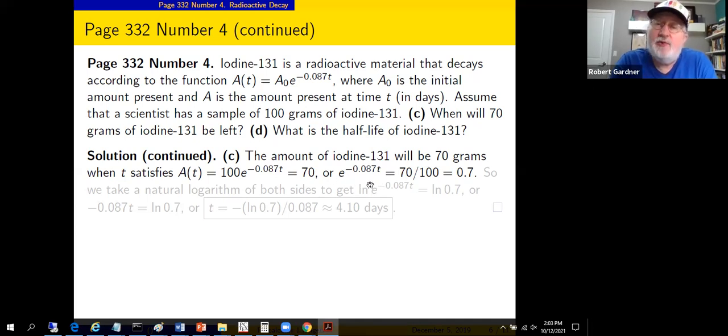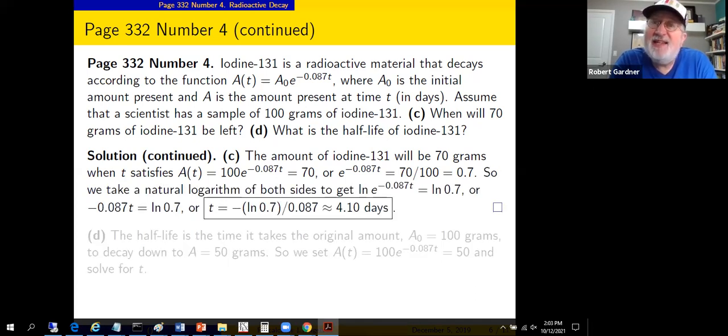Here we have an exponential function, with the variable stuck in an exponential function base e. Take a natural log to get it out of that exponential function. Natural log of e to the negative 0.087 t. The natural log and the exponential compose to give the identity, so we're just left with the exponent. That's the whole reason we took a natural logarithm. On the right-hand side, you still have the natural log of 0.7.